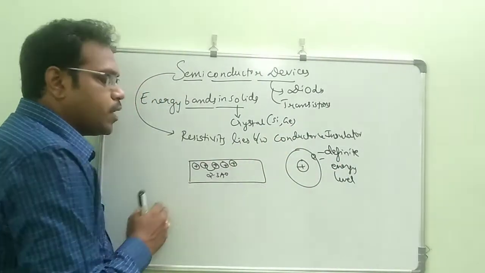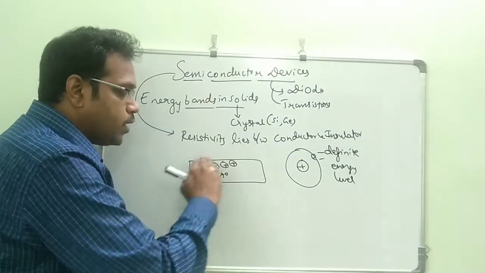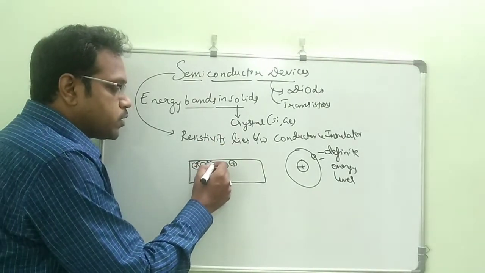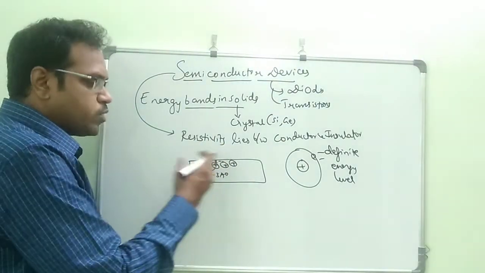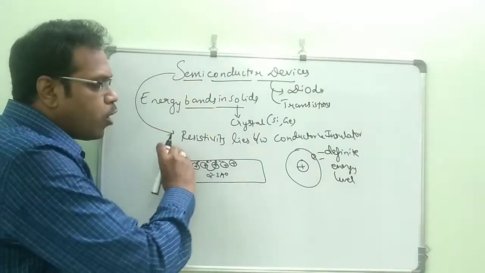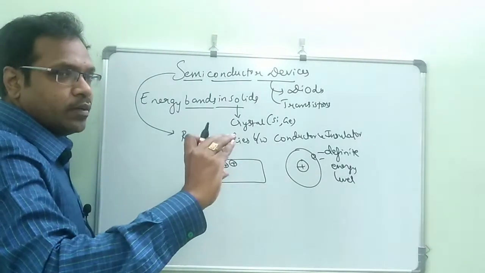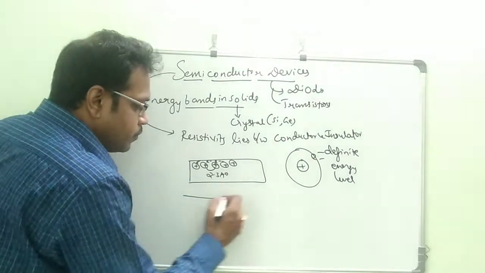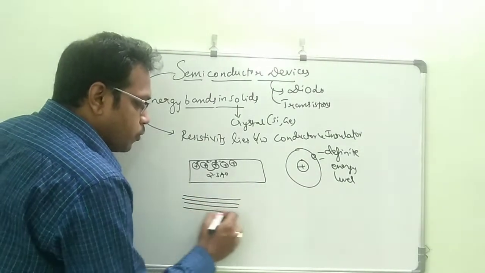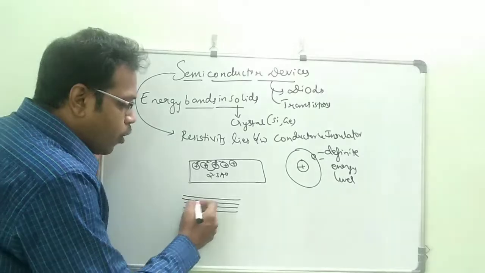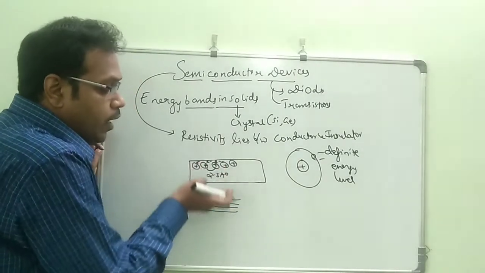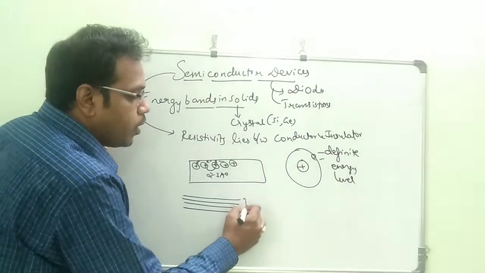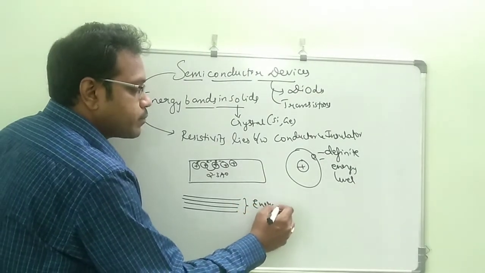But here so many atoms are packed in a closely packed structure, so all these electrons, whether outermost or innermost, form energy levels in a group form. This group of energy levels is called an energy band.